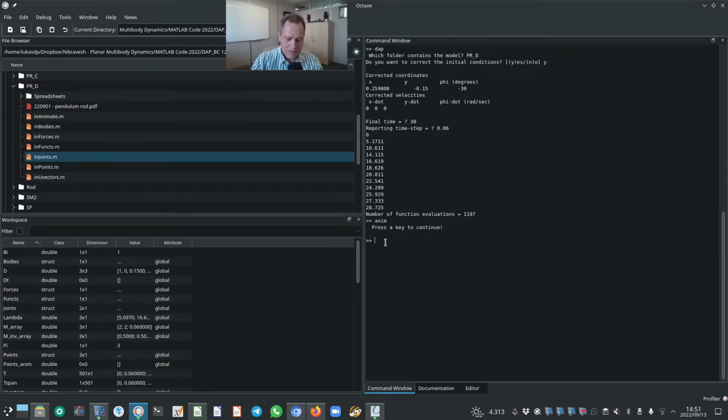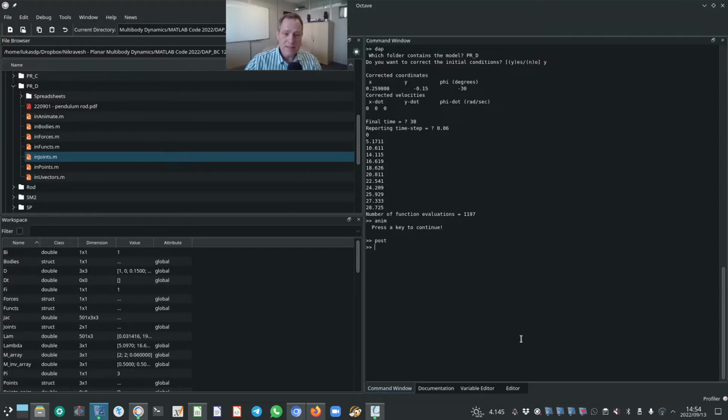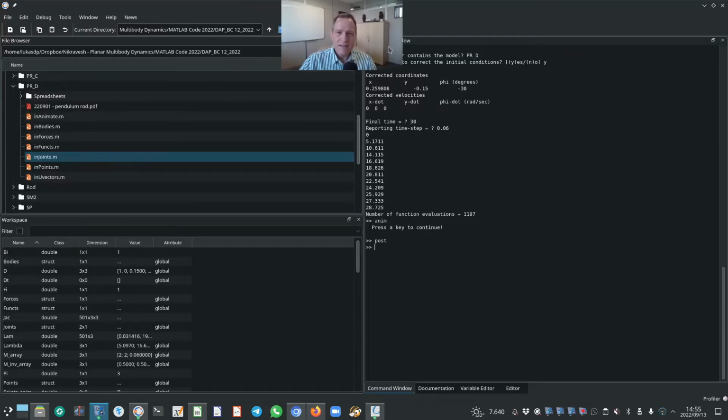So in order to do that, we type in the word post. Okay, so we are obviously very interested in the reaction forces and the torque that is required in order to yield the specified angular acceleration. So in order to do that, we click on the variable lamb.